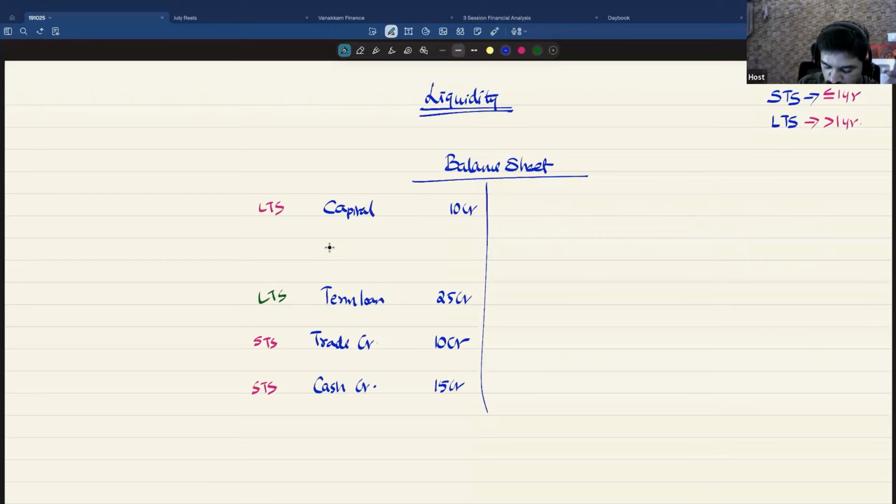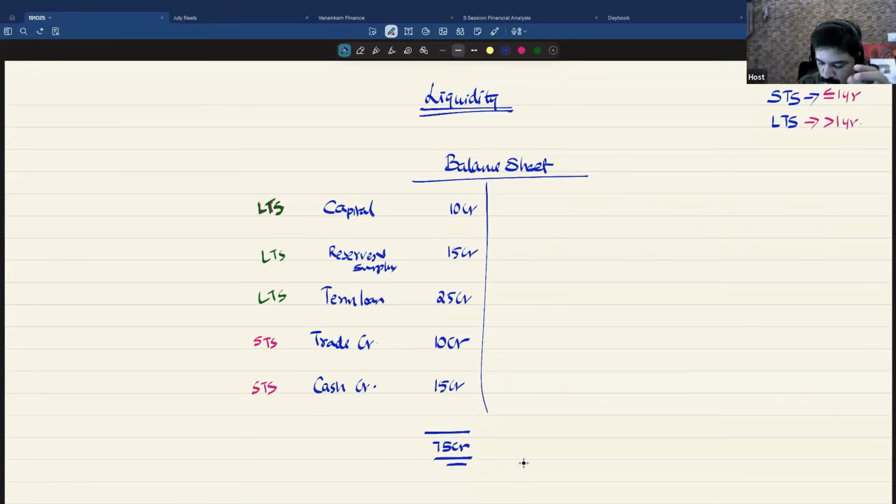This business is also retaining profits year after year, and they call it reserves and surplus. Is it short term or long term? Let's say the amount is around 15 crore. This is supposed to be a long term source. So now if you see, this business has 5 different sources. If you total them, it will be 75 crore.